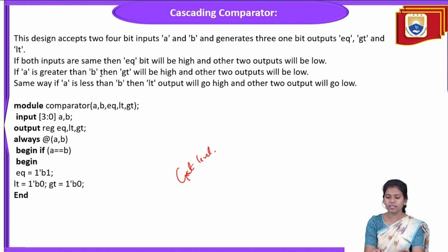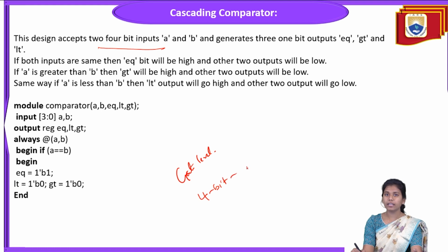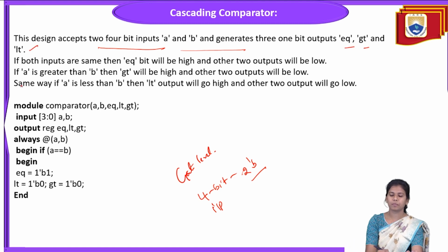In this gate level modeling, as we all know, the design has 4-bit inputs. When the inputs are 4 bits in total, obviously it is a 2-bit magnitude comparator, right? It takes inputs A and B and generates 3 output combinations: equal, GT for greater than, and LT for less than.